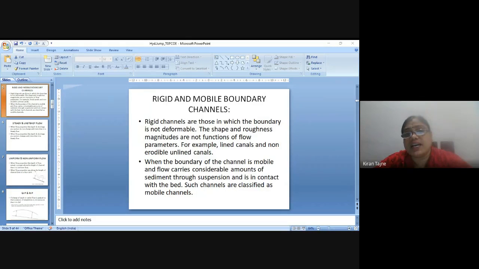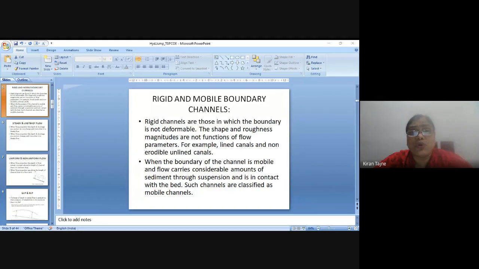Such channels are classified as mobile channels. So in a mobile channel, not only depth of flow but also bed width and longitudinal slope of channel may undergo changes with space and time, or it depends upon the type of flow. Okay, so these are called mobile boundary channels.